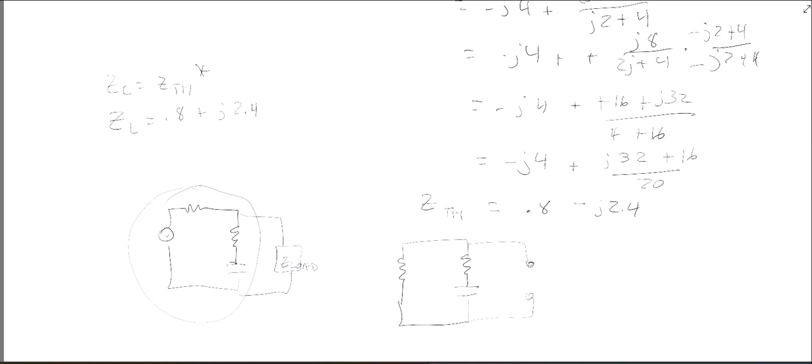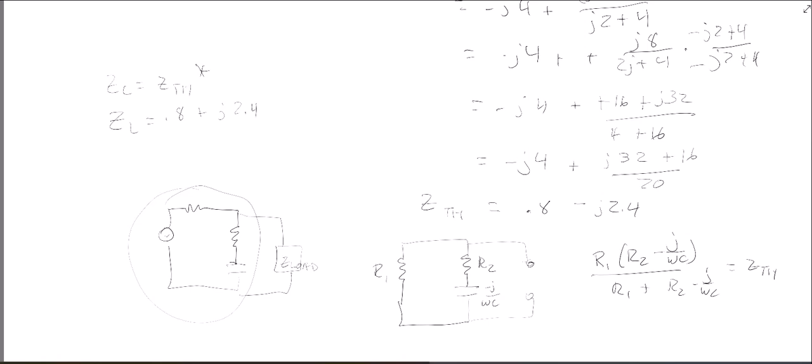Say this is R1, R2, and this would be minus J over omega C. Those would be in parallel, so it would be R1 times R2 minus J over omega C over R1 plus R2 minus J over omega C, and that would equal Z Thevenin, and then you would just get the complex conjugate of that.